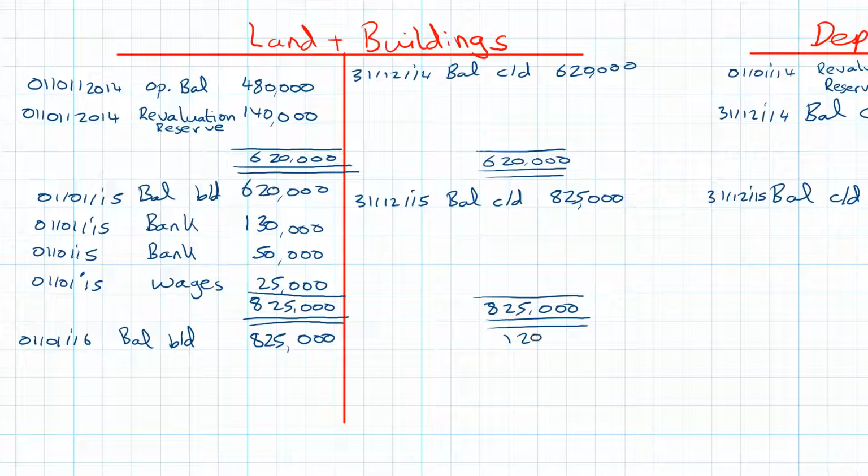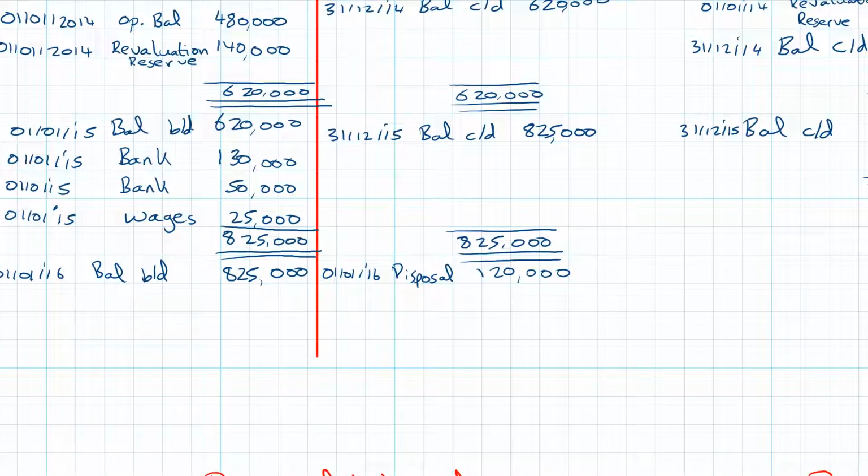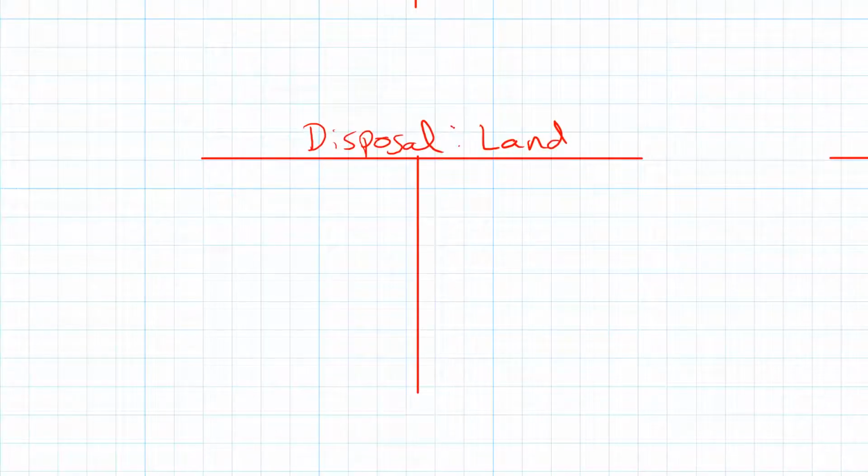So 120,000. So it's reducing the balance of our land and buildings because we're obviously taking it away. So going to disposal of land. At the very beginning of the year, it said the 1st of 1st, 16. Perfect. So that double entry will then go to disposal of land. Again, it's double entry, so it goes on the opposite side, coming from land and buildings on the 1st of the 1st, 16.